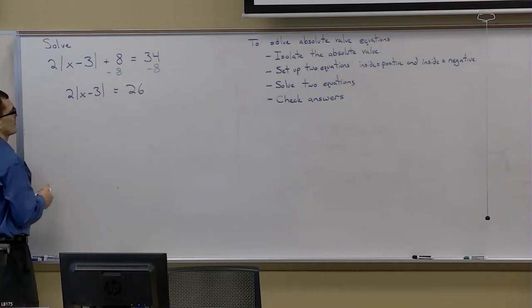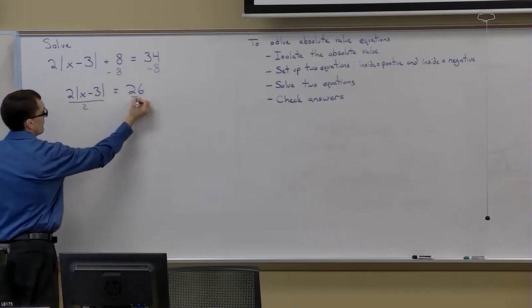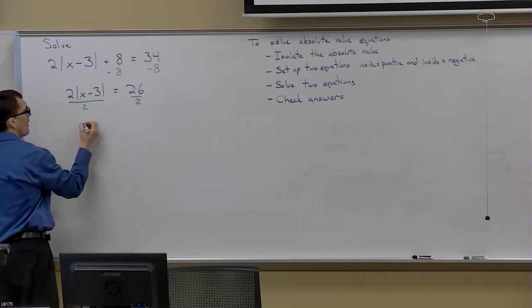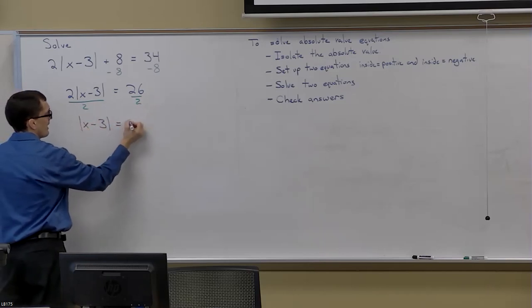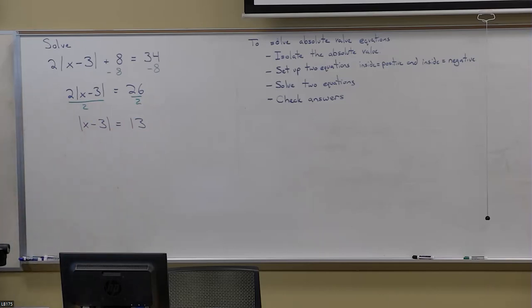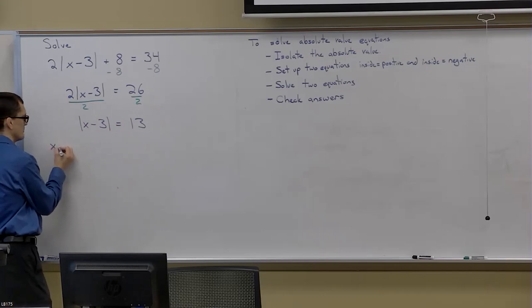Then I would divide both sides by 2. That leaves the absolute value of x minus 3 on the left-hand side and a 13 on the right-hand side. Now I split the equations in 2.